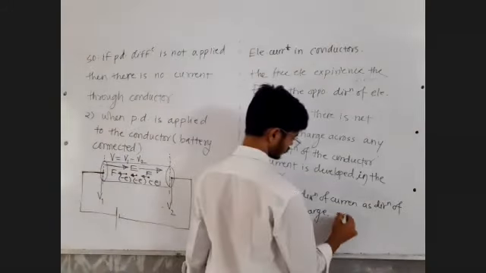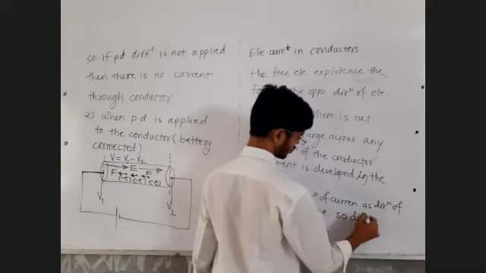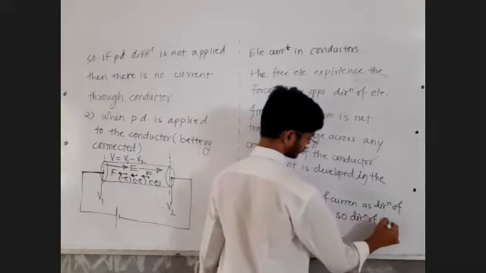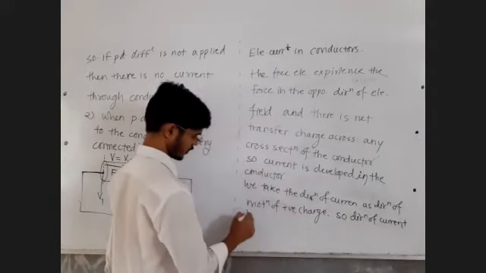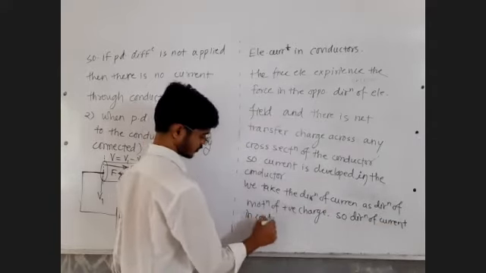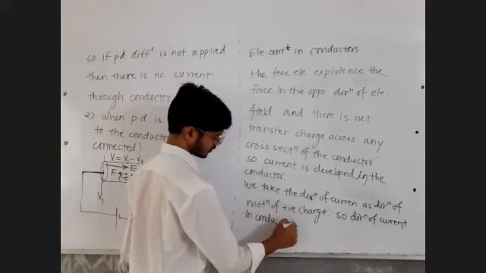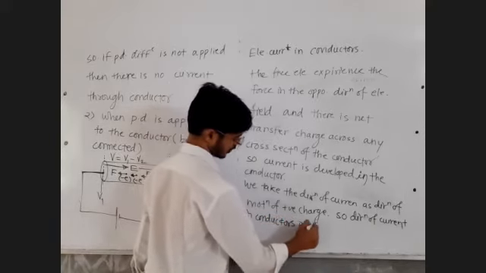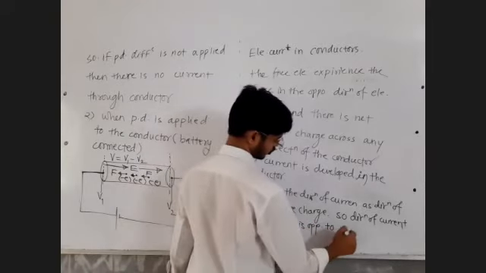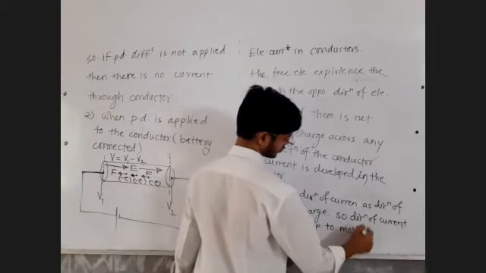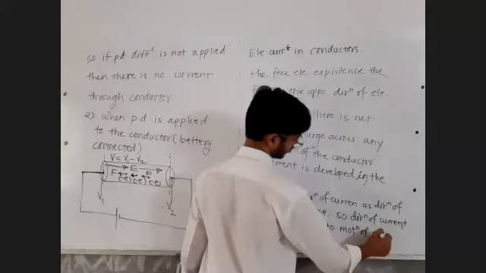So the direction of current in conductors is opposite to motion of electrons.